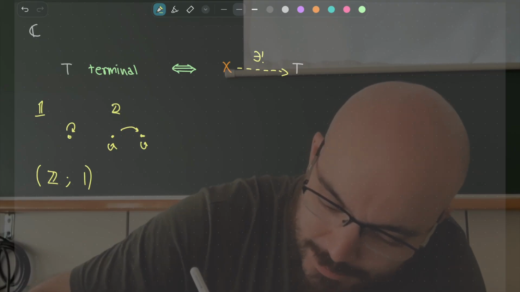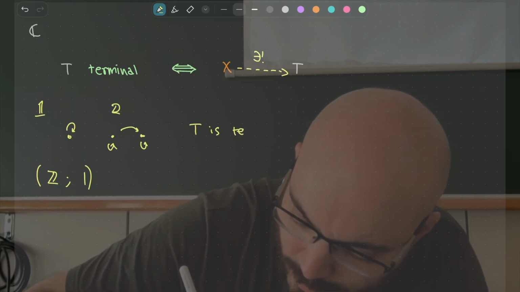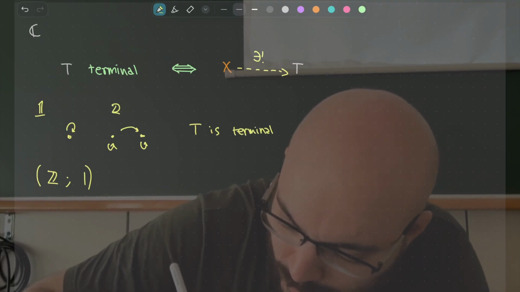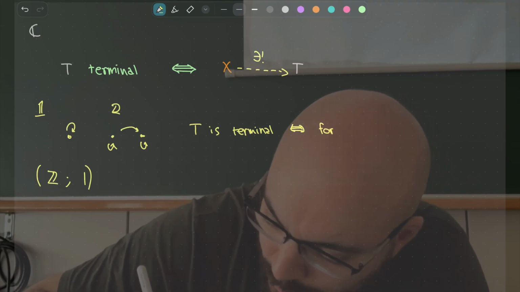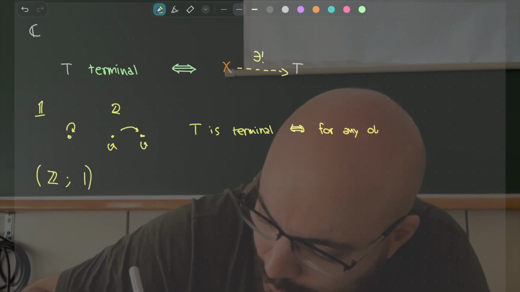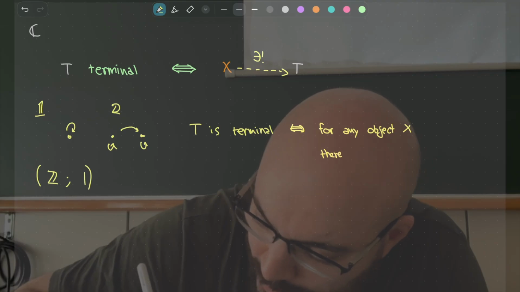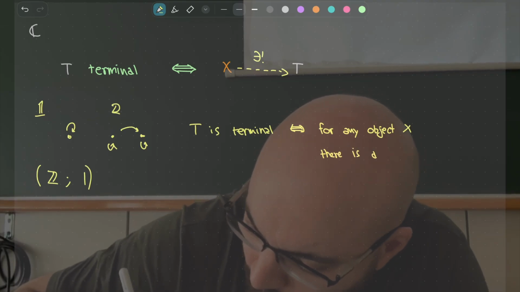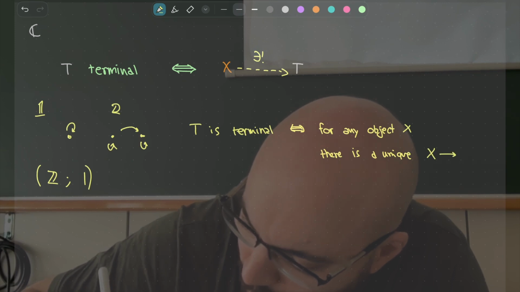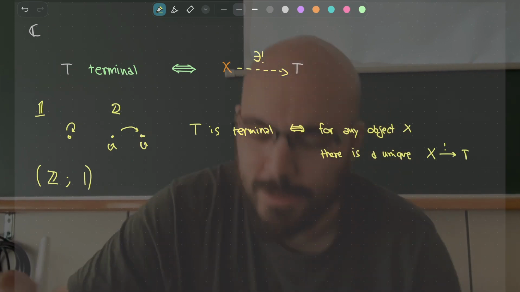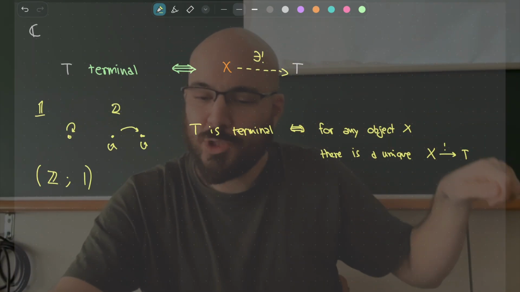It means that, let's say, T is terminal means for any object x, there is a unique arrow. We tend to denote unique arrows with this bang on top of the arrow.